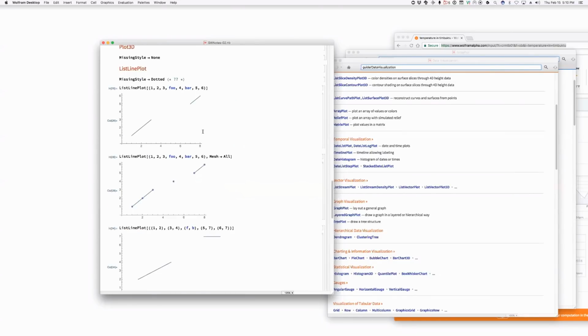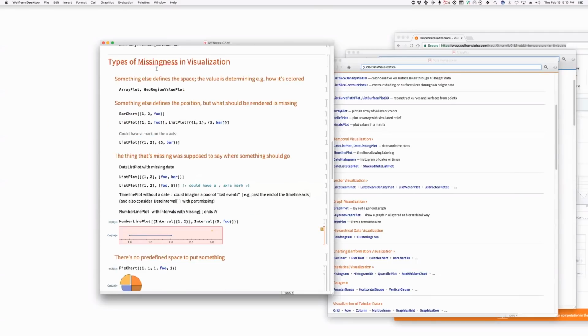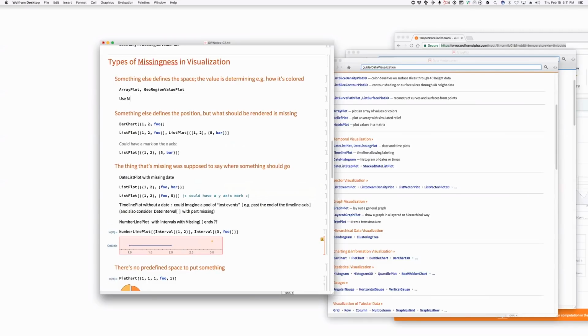So here's a possibility. Let's look back at our list here. In this case, something defines the space, the value isn't there. We understand how to deal with that. That's just a missing style. Use missing style. Default is something pink, probably. And I think the brick red should be changed to pink but we can talk to design about it.